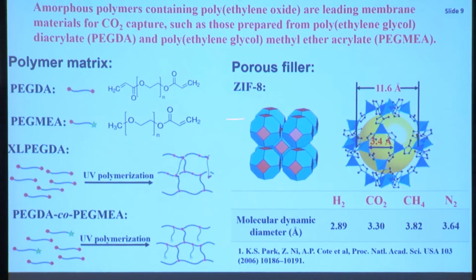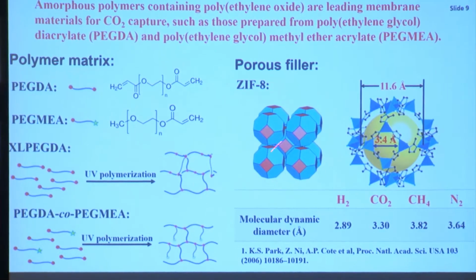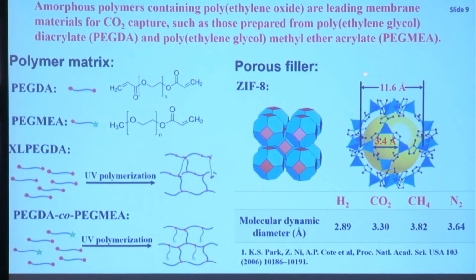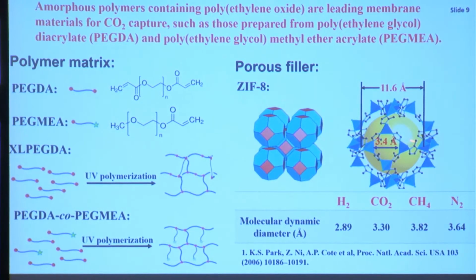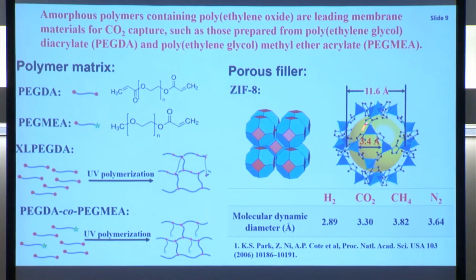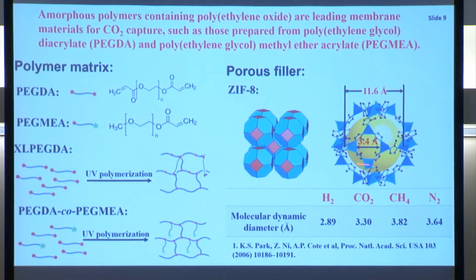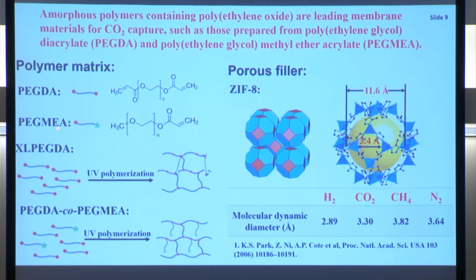This is the typical structure of the ZIF-8 molecule. You can see the inner diameter of the ZIF-8 is 11.6 Å, and the window size is 3.4 Å. So this ZIF-8 is suitable to act as the porous filler. There are also several polymer matrices, such as PEGDA and PEGMEA.